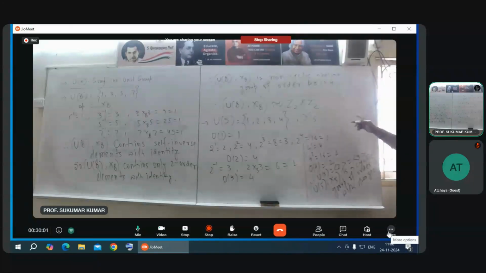So finally we can write U5 is isomorphic with Z4. Correct, because this is a 4 order cyclic group with 2 generators, isomorphic with Z4. Understood? Right.